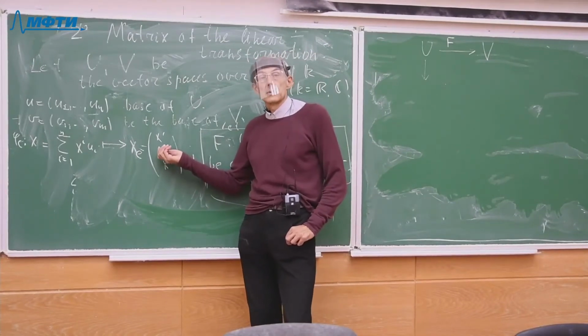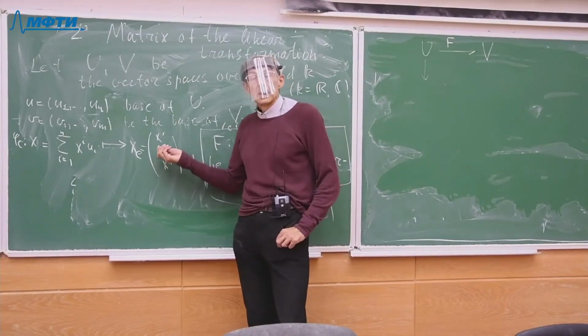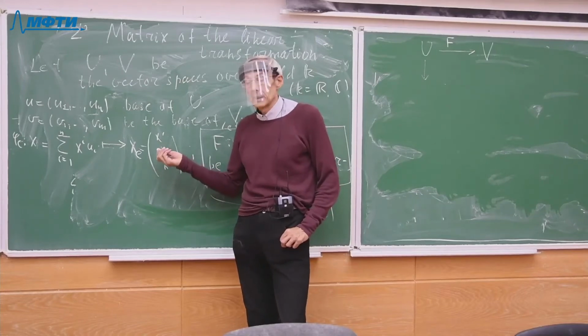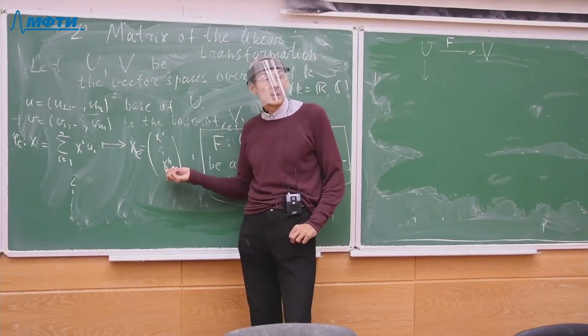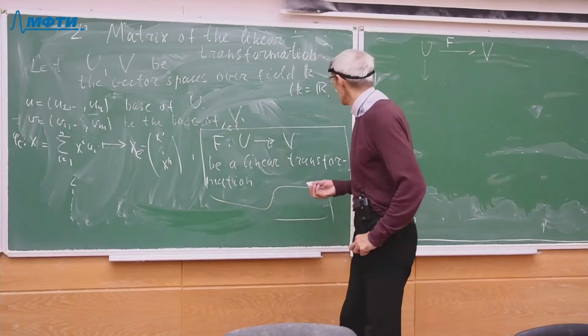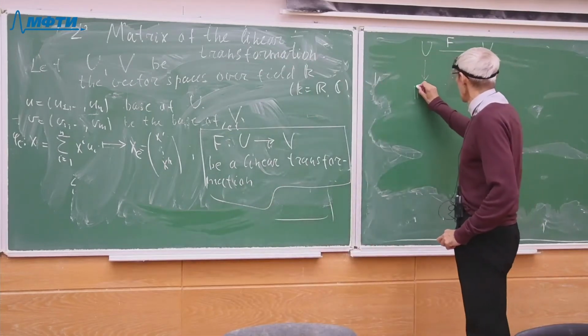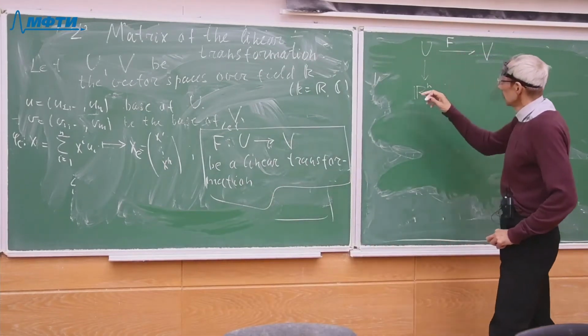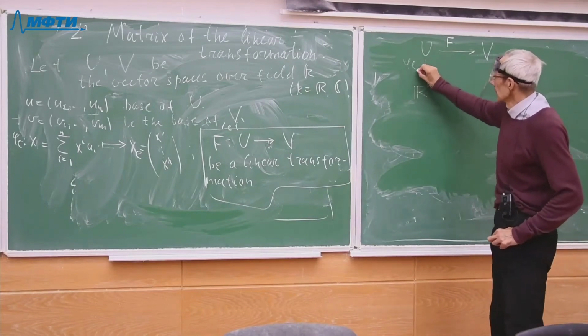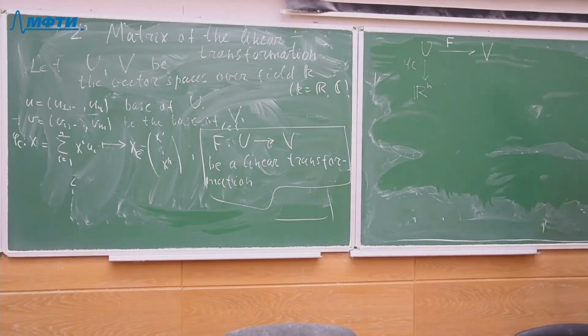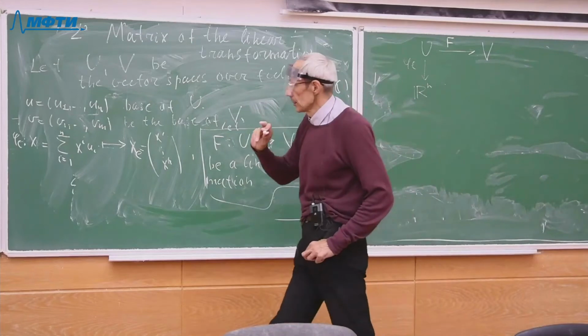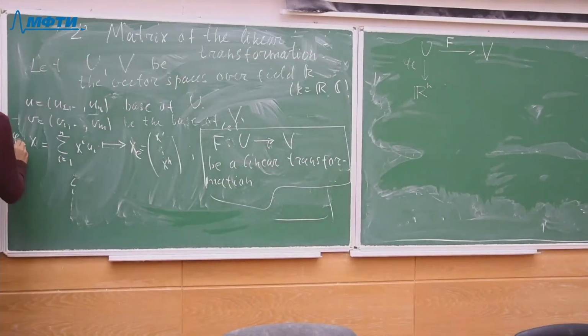And the coordinates of this vector we can understand as an element of the arithmetical vector space Rn. We have some mapping, phi. We use the letter which denotes the basis.